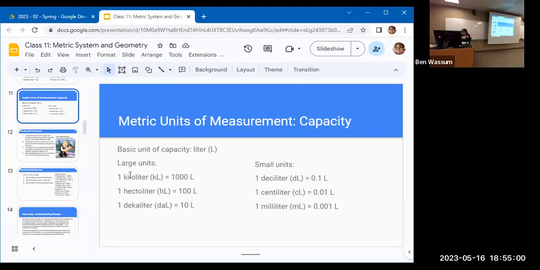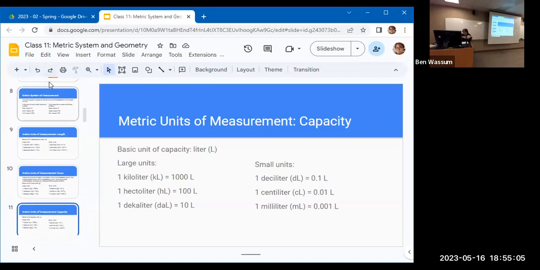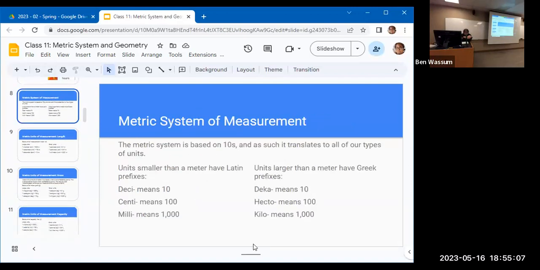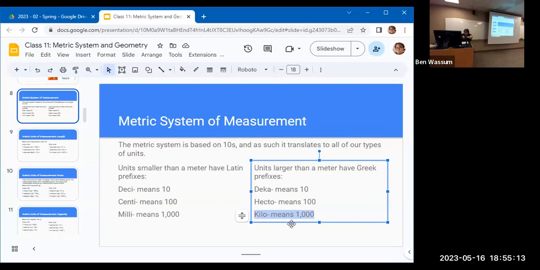So the question is, how many grams are in a kilogram or vice versa? Well, we don't even need to worry about which slide we're on for the metric system, because it's all about the prefixes, right? Kilo is 1,000. So every one of those kilograms is 1,000 grams, right?